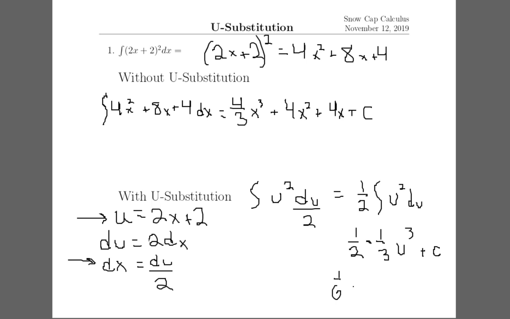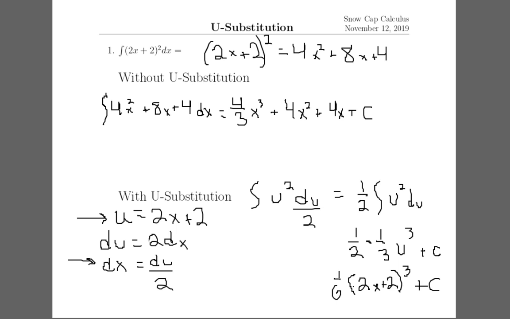We plug back in our u, which is 2x plus 2, and it's to the third power, plus c. So if we did expand this out, it would give us this exact same answer from the first part without U-substitution.